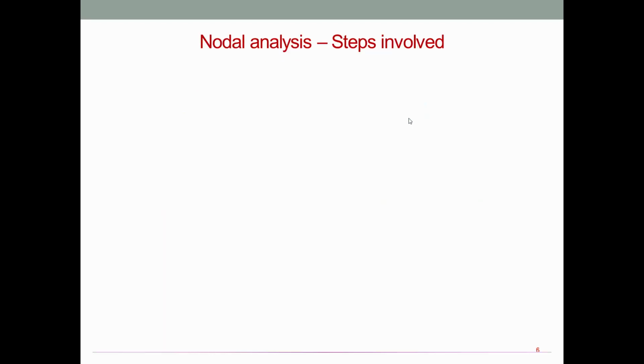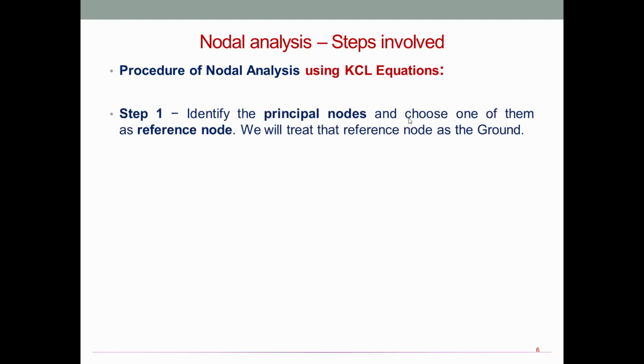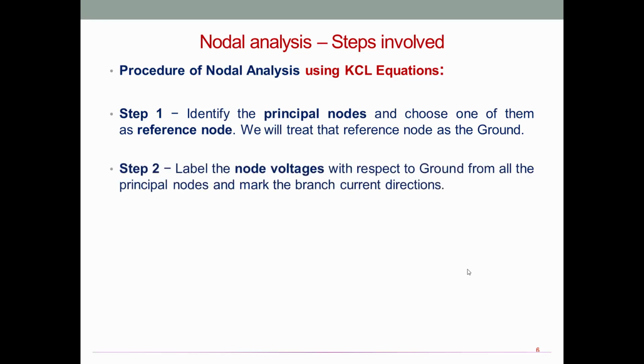What are the steps involved in nodal analysis? Suppose nodal analysis using KCL equation, then step number 1 is identify principal nodes and choose one of them as a reference node. Step 2, label the node voltages with respect to ground from all the principal nodes and mark the branch current directions.